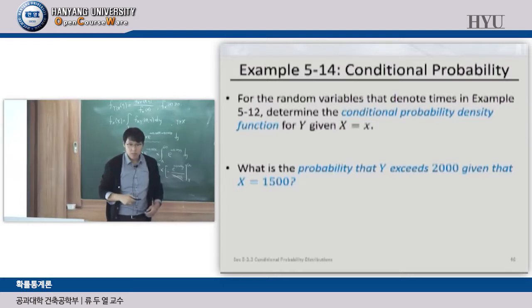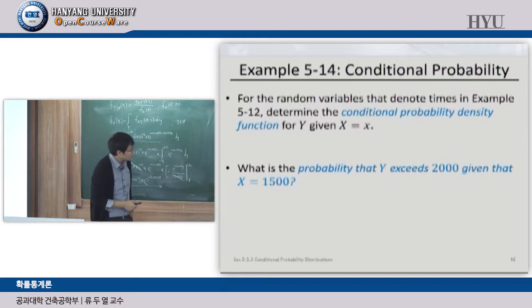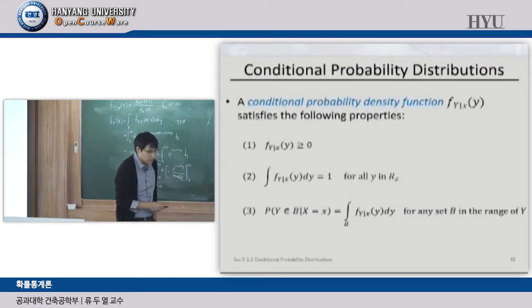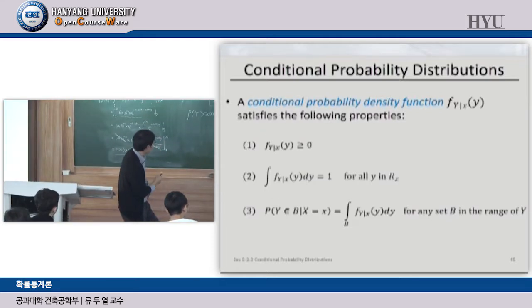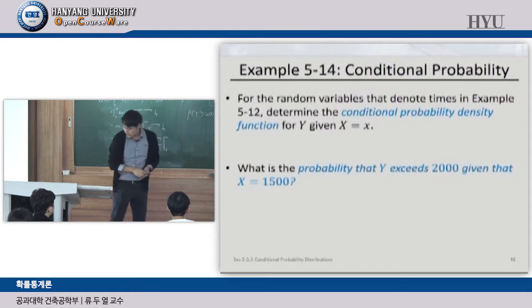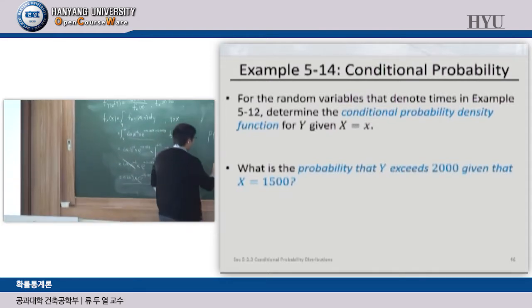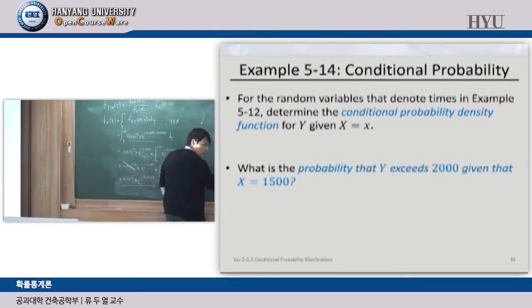And what is this? This is this relationship, right? The y is included in a set B, which is larger than 2000, given x, when x is equal to 1500. So we can use this equation in here. So there should be integration over set B, that is from 2000 to infinity.